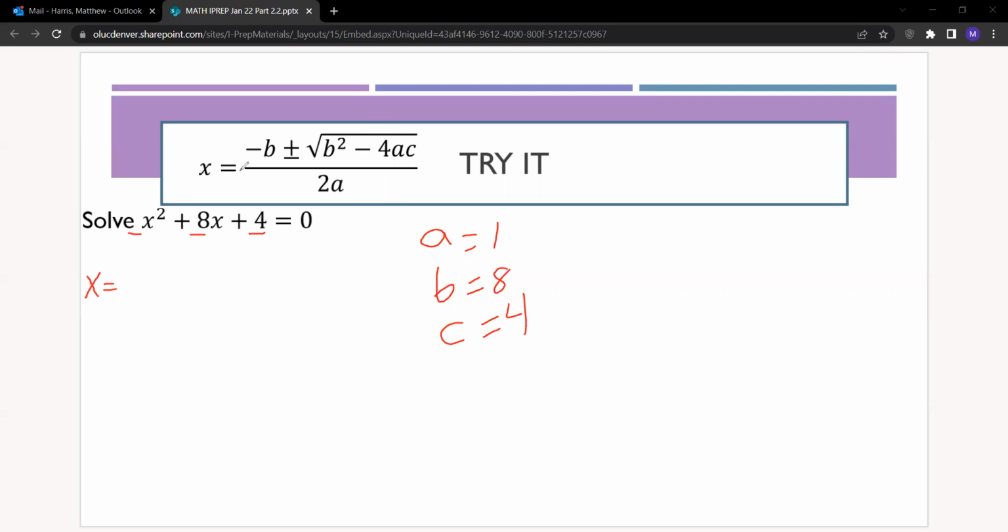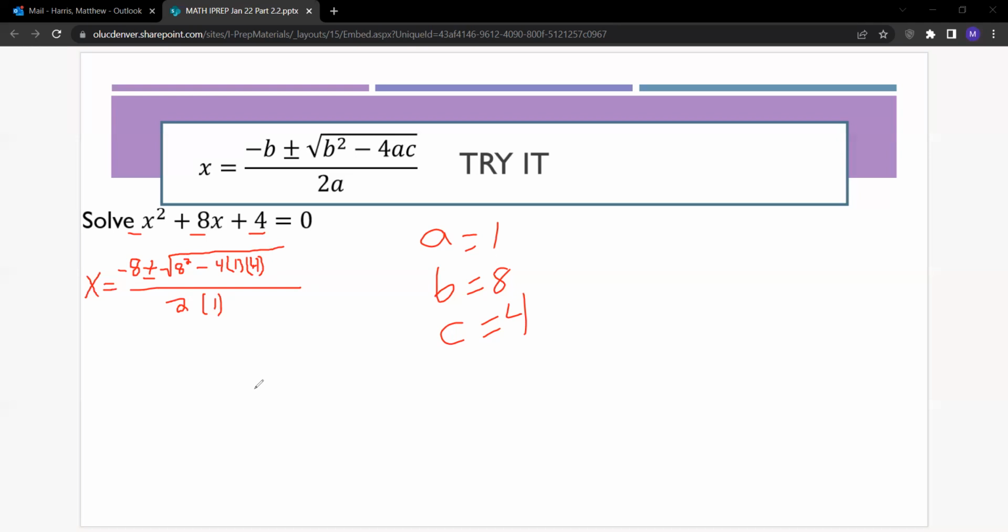So we have x equals negative b. What is b? We have 8, so negative 8 plus or minus the square root of, again, we have b squared, so 8 squared minus 4 times a times c, all of that over 2a, which is 2 times 1.